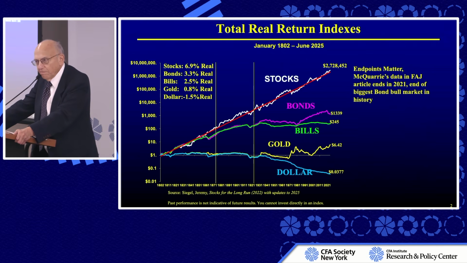In fact, 2021, I started looking back, is the biggest bull market in any broad asset class in world history. 40 years, 1981, 16% 10-year bond, got down to 57 basis points in 2021.